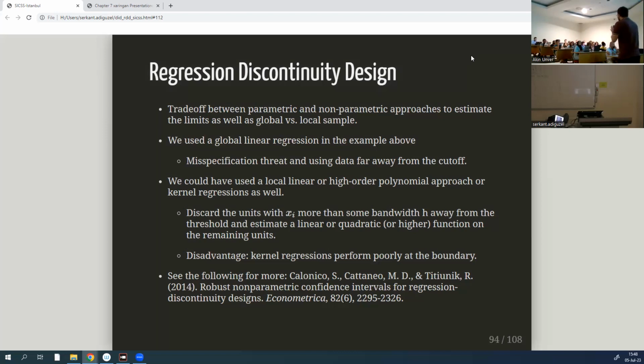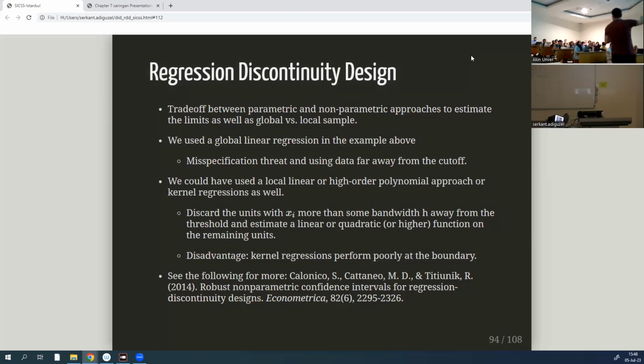They manipulate so that they stay below the threshold and can use all these less transparent methods. If you look at the density distribution, you see a hump, a sudden jump just before the cutoff. One test for RDD, whether there is manipulation around the cutoff, is simply looking at the distribution of the running variable.